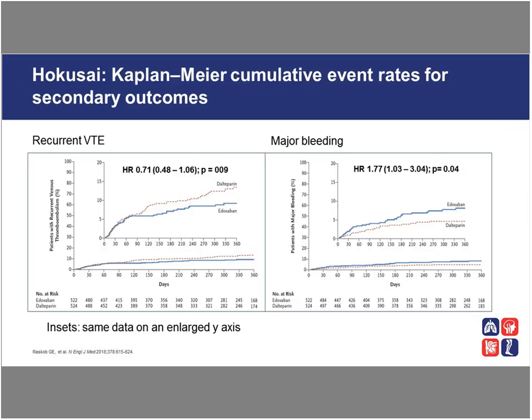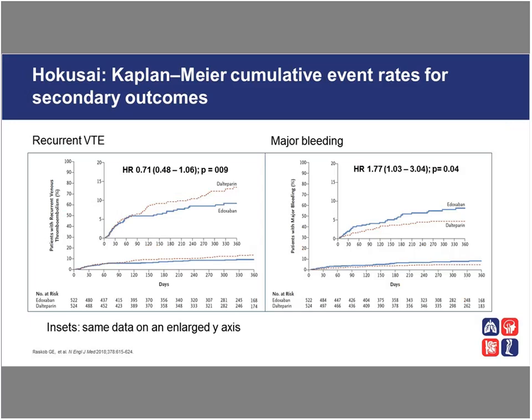We can also note here the authors provided a separated primary outcome, meaning as a secondary analysis, they looked specifically at the outcomes of recurrent VTE, and as a secondary analysis, they looked at major bleeding.